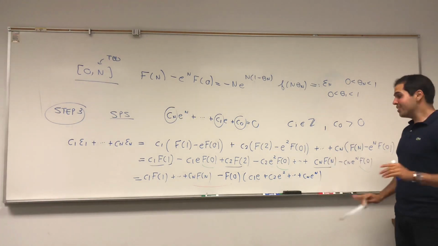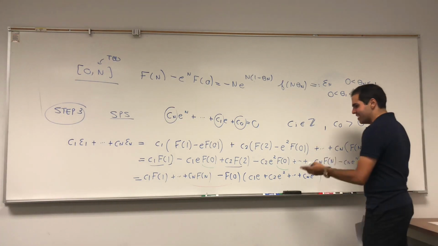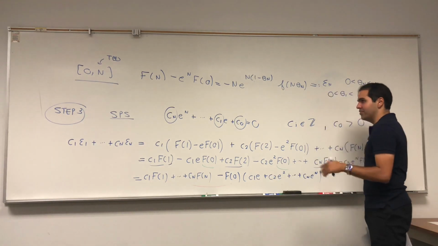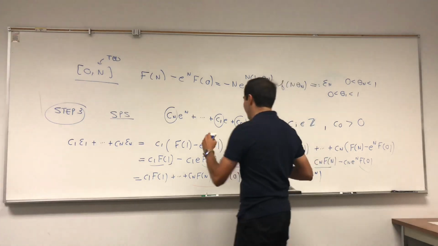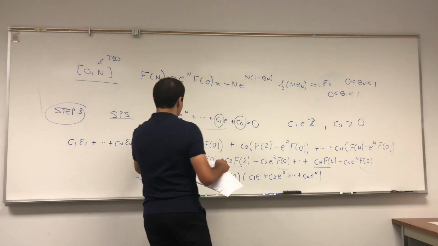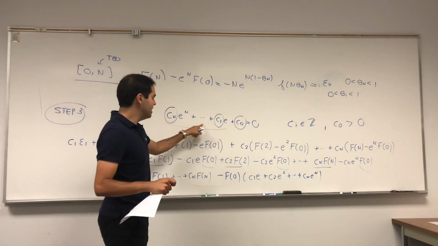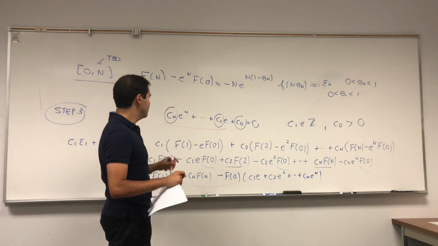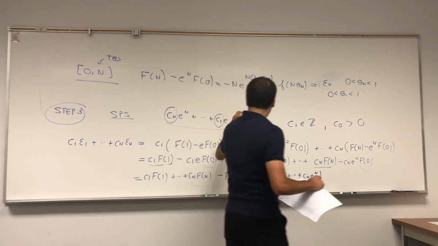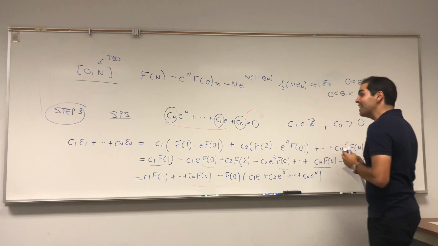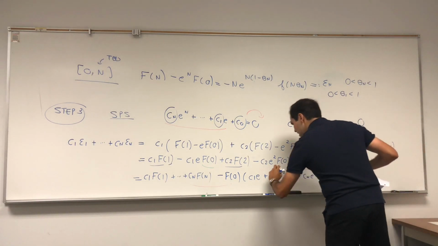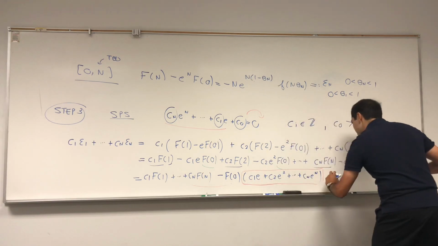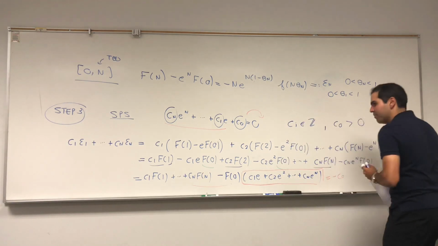And now here comes something truly beautiful, because what were the C1, C2, etc. up to Cn? Well, they were exactly the coefficients of the polynomial. So in particular, C1e plus C2e squared plus Cn e to the n, well, that equals minus C0. So this whole thing is just minus C0.